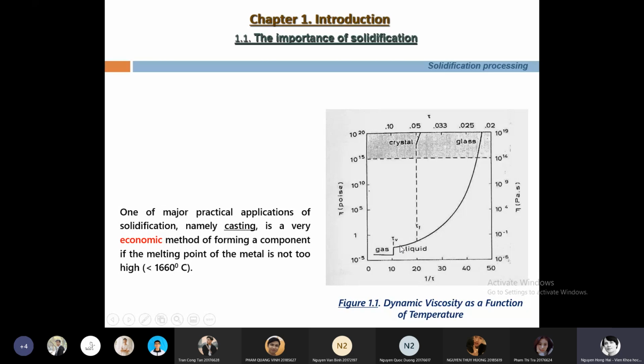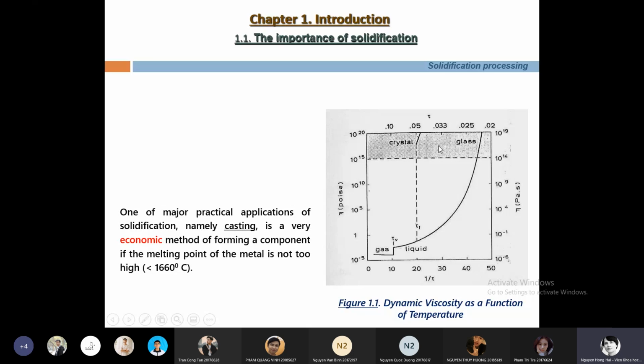And if the crystal does not form, and we have glass, amorphous, the increase is smoother, more smooth. But if the crystal forms, you can see we have a very sudden increase. So this could be very high.